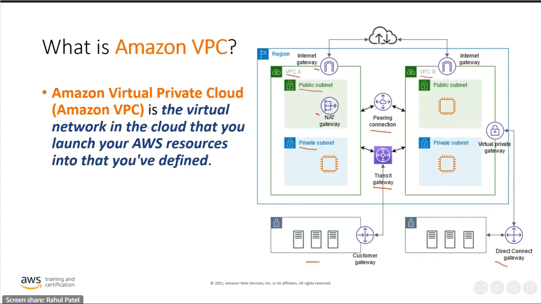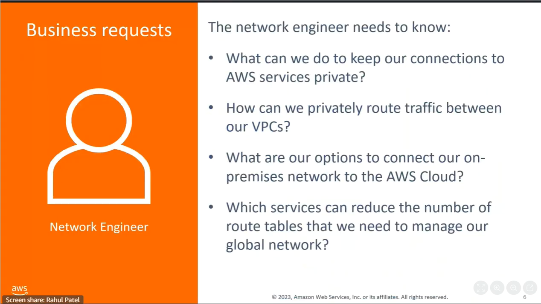First of all, as a solution architect, you need to understand these questions, and these questions are coming from the network engineer. So here we have some business requests. The first question that the network engineer is asking is, what can we do to keep our connections to AWS services private?